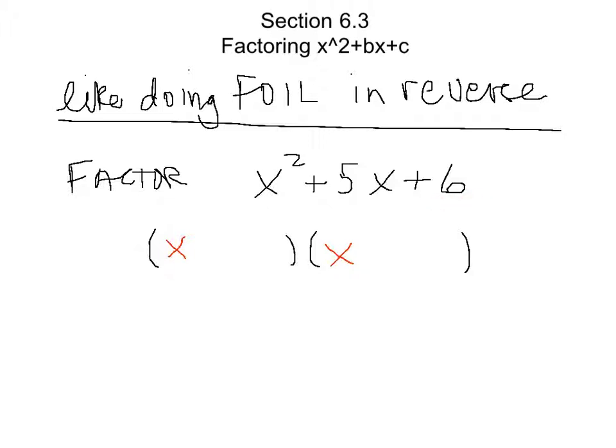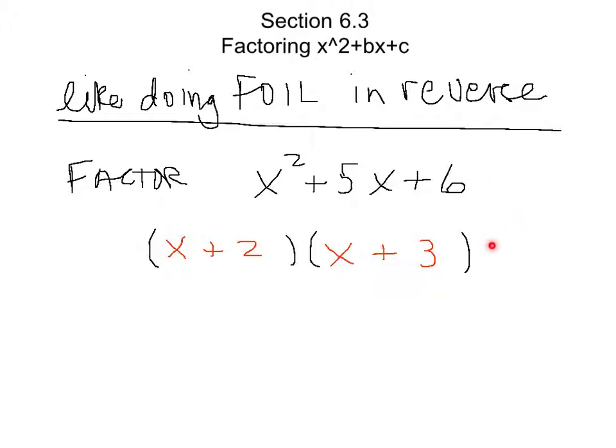There's really only two ways to get a 6: a 2 and a 3, or a 6 and a 1. And if I want to get a plus 5, the only way to do that is with a plus 2 and a plus 3. You should take the time to multiply this out, and you'll see that if you use FOIL, you get x squared plus 5x plus 6.